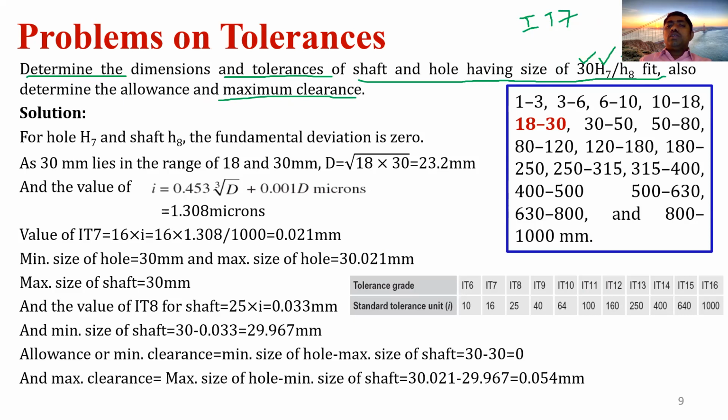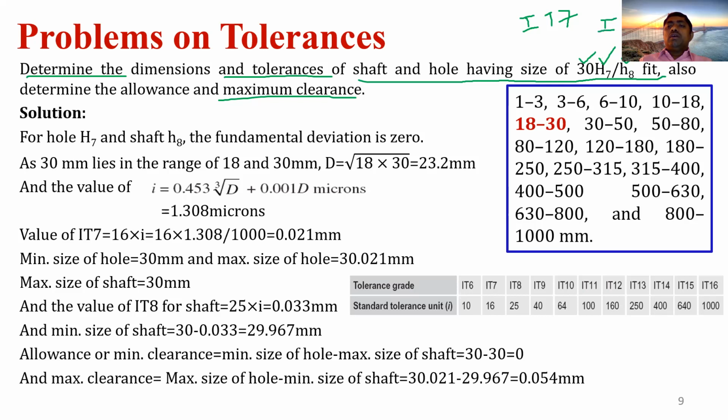Similarly, small h represents the shaft, whose basic size is the same as the size of the hole, and for this the fundamental deviation is 0. Here 8 represents the tolerance grade IT8.